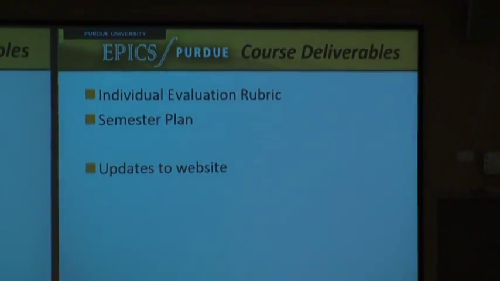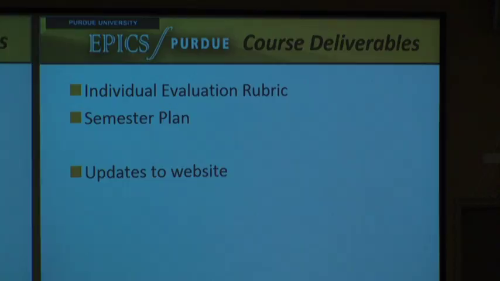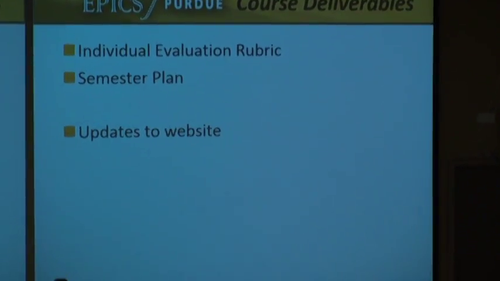So this week, you should be completing a draft of the individual evaluation rubric to be able to get feedback on that. There is a copy in the OneNote notebooks, but I would caution you not to actually keep it there. I would download a copy and keep that and edit it as you go on through the semester.